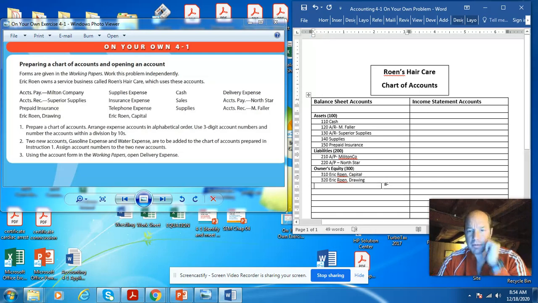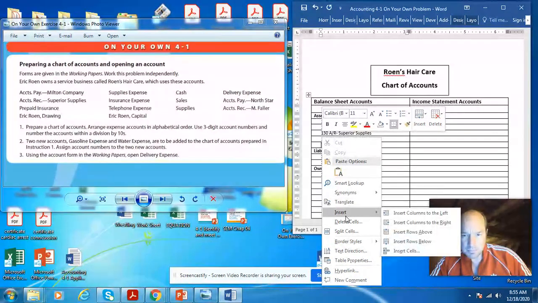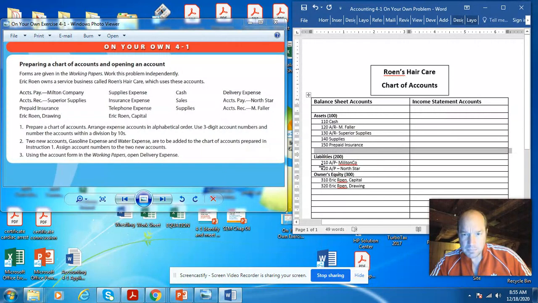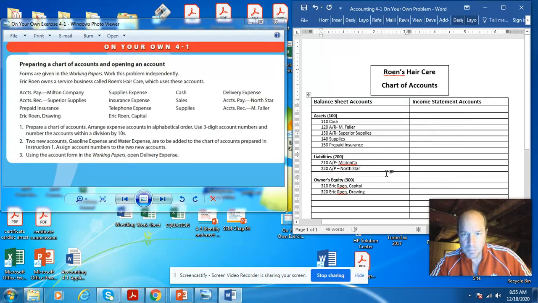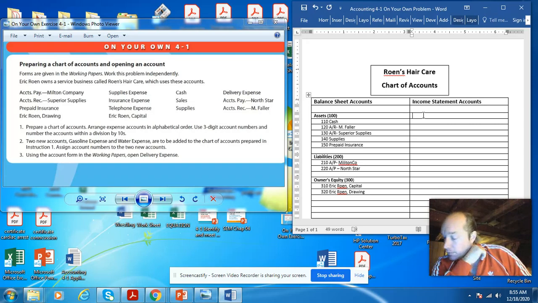That's good. All right, we got that so far. Balance sheet accounts, the assets, the liability, and the owner's equity accounts have been numbered and categorized, so you can find them and identify them very quickly.